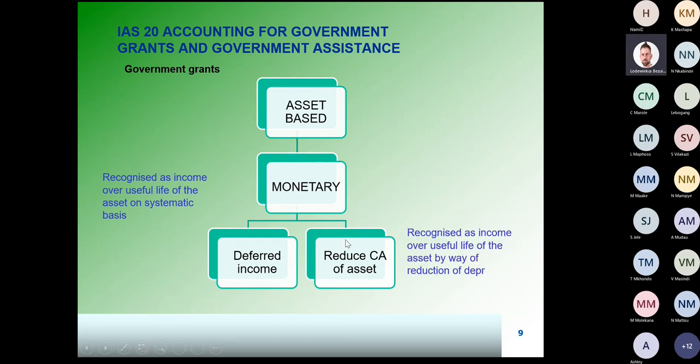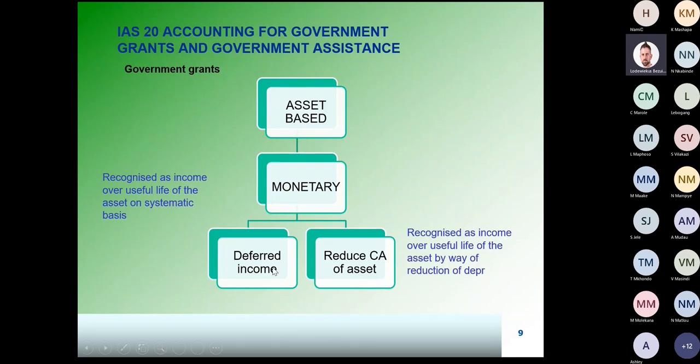If it is a reduction of the carrying amount of the cost of the asset, then we recognize it as income over the useful life of the asset by the reduction of depreciation. So you will see in the two examples that we will do, the net effect of these two methods, deferred income or a reduction of the cost of the asset, on the income statement is exactly the same.